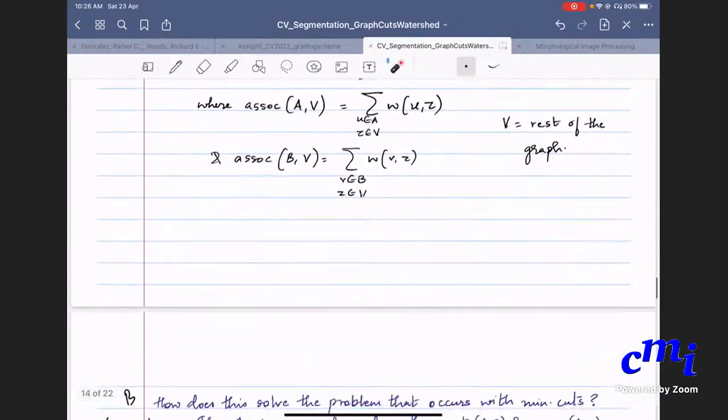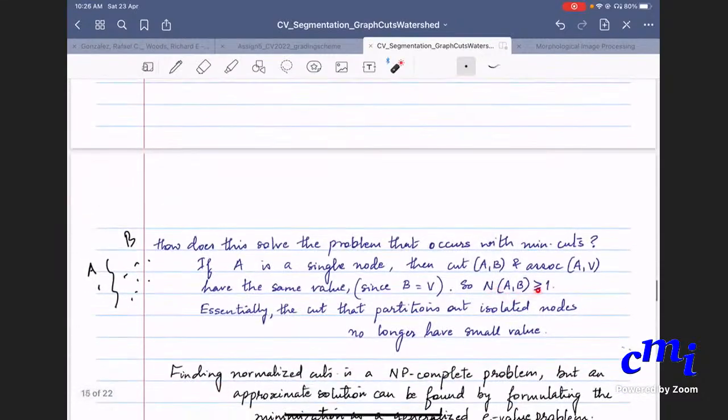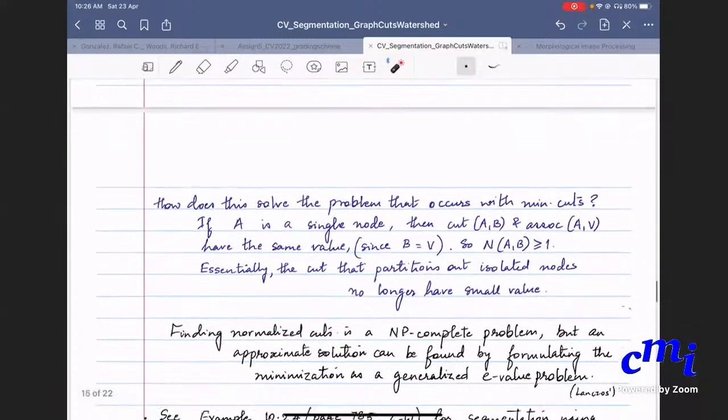So it will be 1 plus something, so this normalized quantity will be greater than or equal to 1. It will no longer be the minimum, and so this kind of partition will never be given as the minimum cut partition. Essentially that is what this method does, and it improves the graph cut.